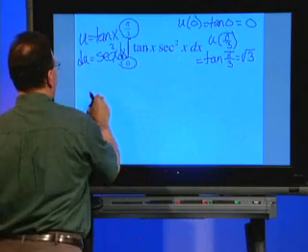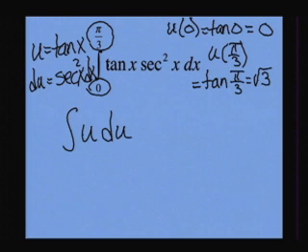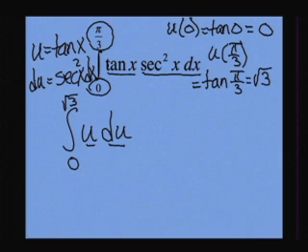So this becomes the integral of u du evaluated from 0 to the square root of 3. And the u, of course, here is my tan x, and the du is the secant squared x dx. So therefore, we integrate u with respect to u, and that becomes u squared over 2.